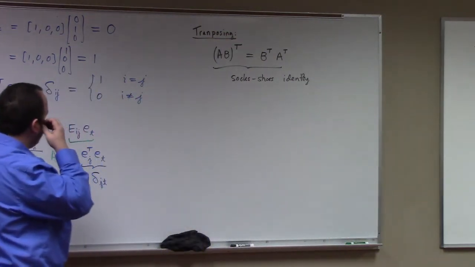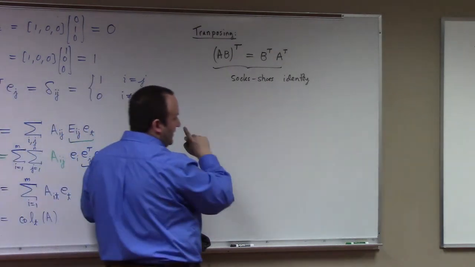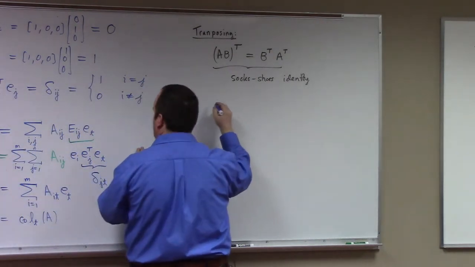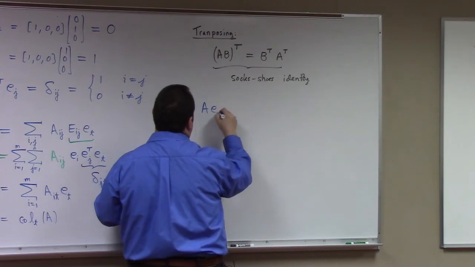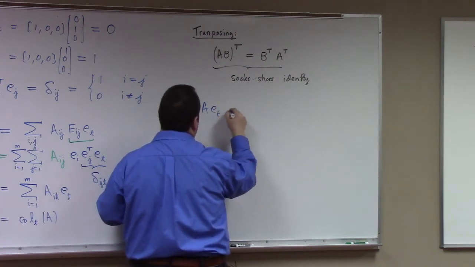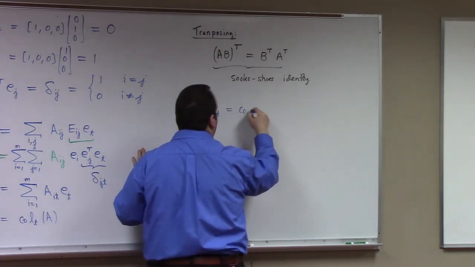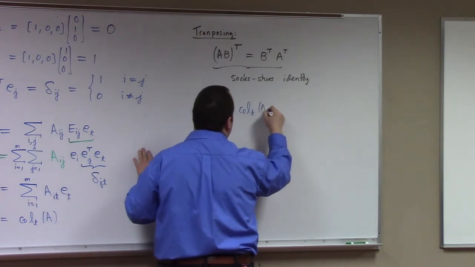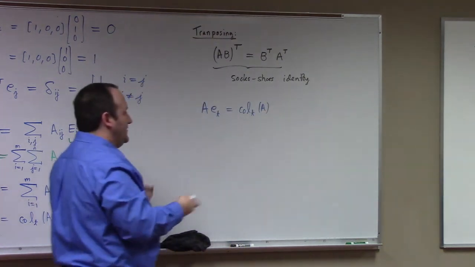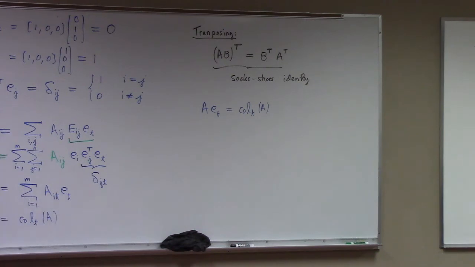Now, let's see what that says, though. Once you know that, if you prove something like A times E sub T is equal to column T of A, what would happen if you take the transpose of this equation?